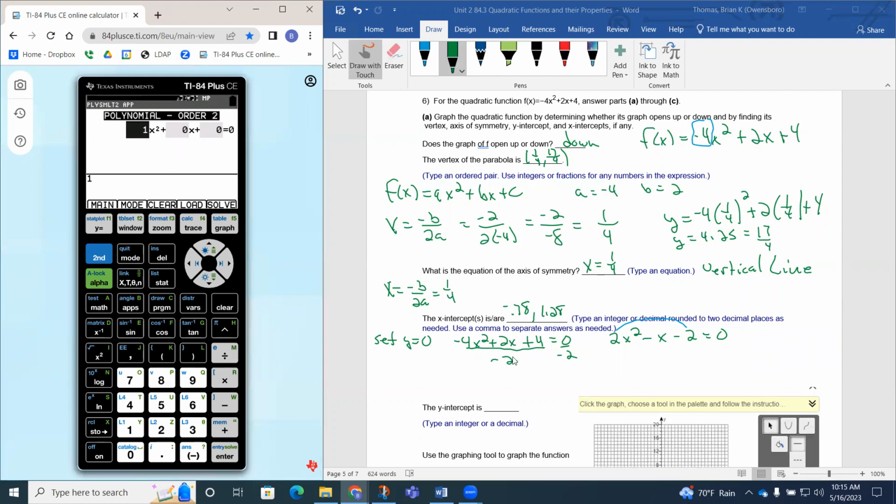So we could go back to the original problem: -4, hit enter. This was a +2, so a plus sign, put a 2. That was a plus sign, and put a 4 in, hit enter. And if we hit solve, it does give me this -0.78 and this 1.28. So it solves it that way as well.